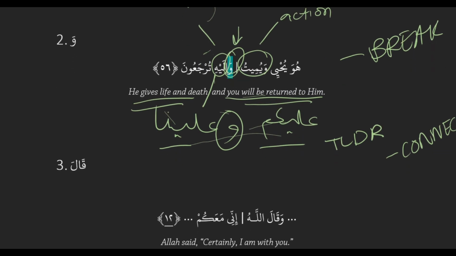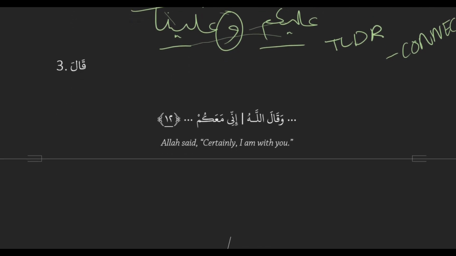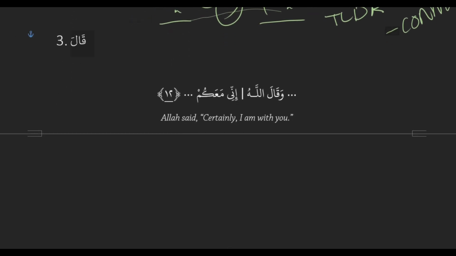Qala means, I'll give you a definition since it hasn't appeared in your vocab yet, to say. And when you have the action to say, what are you usually going to end up with? Like I said something, you're going to end up with a quote. So, for example, you'd say, I said, get me the keys.